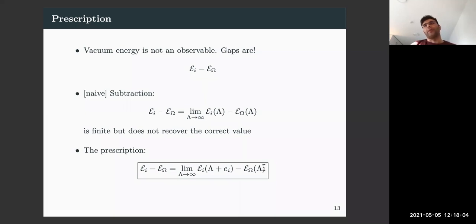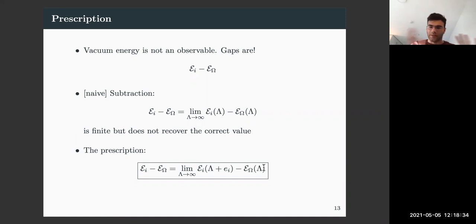For example, sometimes when you go to high coupling, there are some level crossings happening, right? And when this crossing happens, you should actually go back and see where these states are coming from to subtract. This is true, but at the same time, this prescription recovers the correct values, and we check that with Hamiltonian truncation.